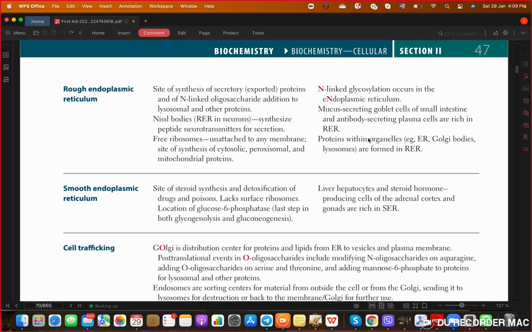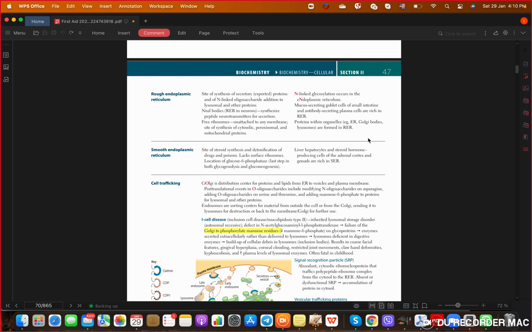Got it, Doc. And one more thing, Doc, this N-linked glycosylation, like how we see in collagen synthesis. So in the glycosylation step, they are adding the N-link, because I know that after getting out of the cell, they are being cleaved in the extracellular space, the C and N terminal. So in glycosylation is where the cell attaches the N-link to the protein. I'm lost, man. Which topic are you speaking about?